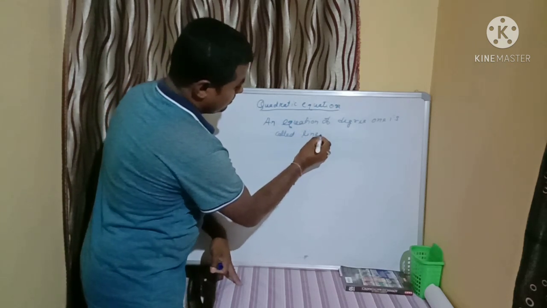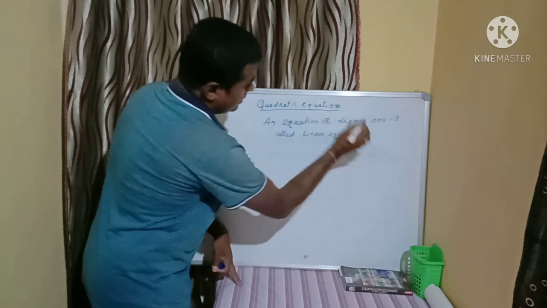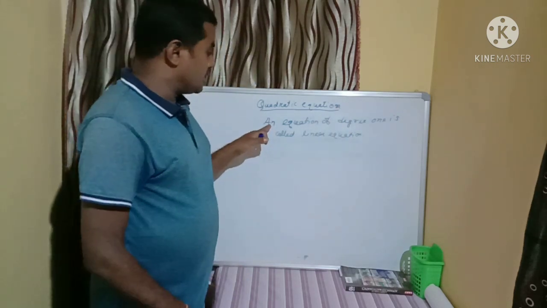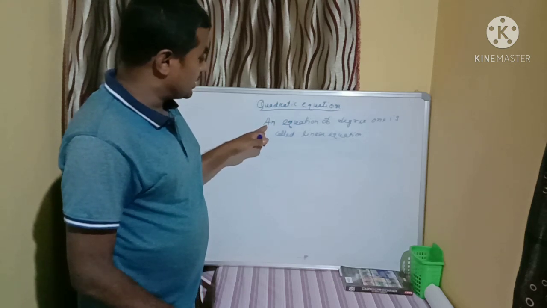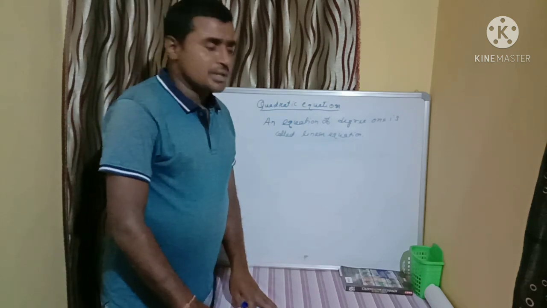An equation of degree 1 is called a linear equation.